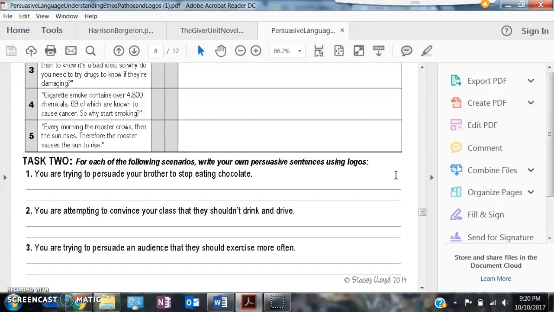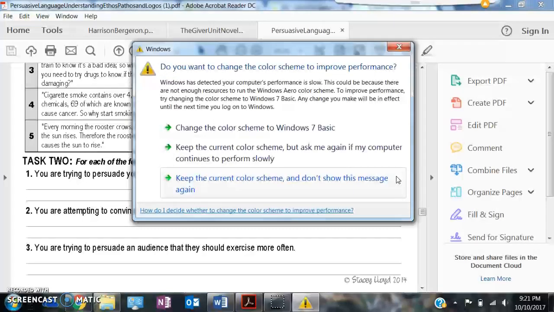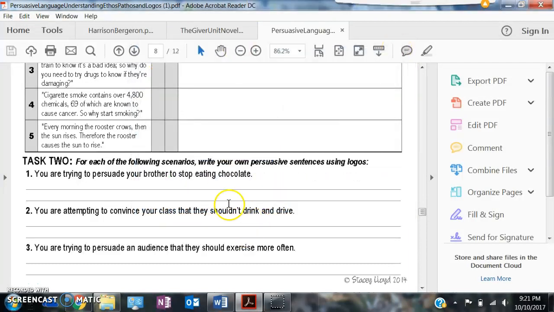So, Pat, you know that you should stop eating chocolate because it is unhealthy to eat as much chocolate as you eat. Period. Then I could also say, in fact, you could make up some statistic in this case.